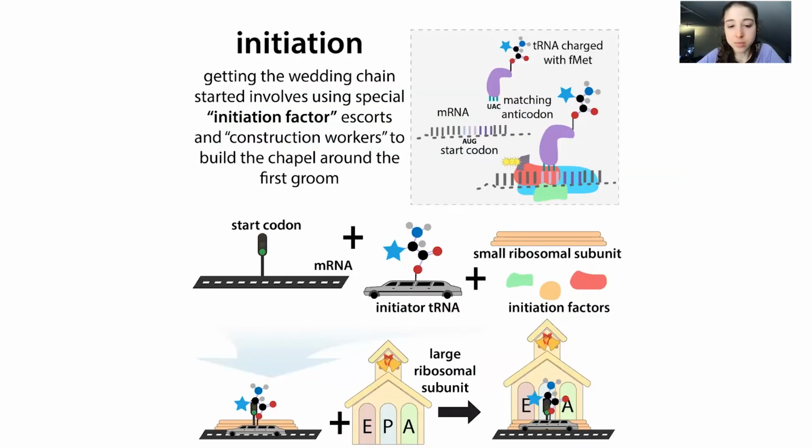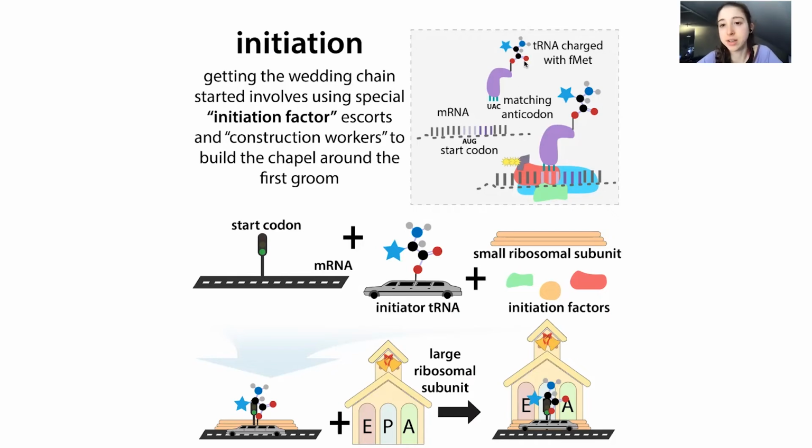I'm not going to get too much into the initiation because it differs a lot between eukaryotes, so plants and animals, and prokaryotes like bacteria, but it's better understood with bacteria. The basic idea is that you need to get this party started, you need special initiation factors that are going to help escort the initial amino acid.